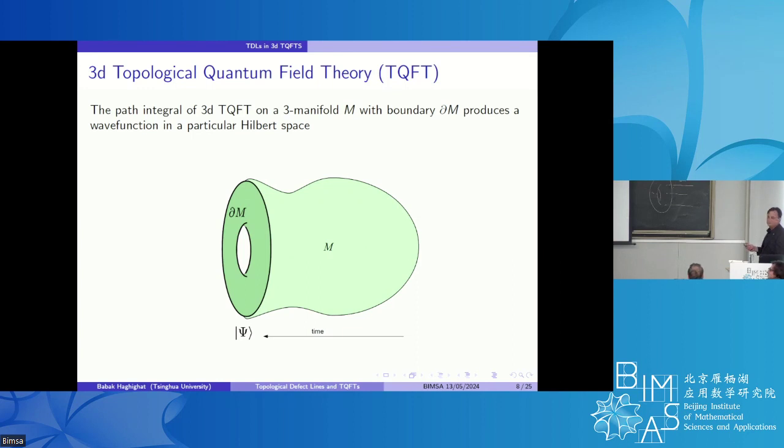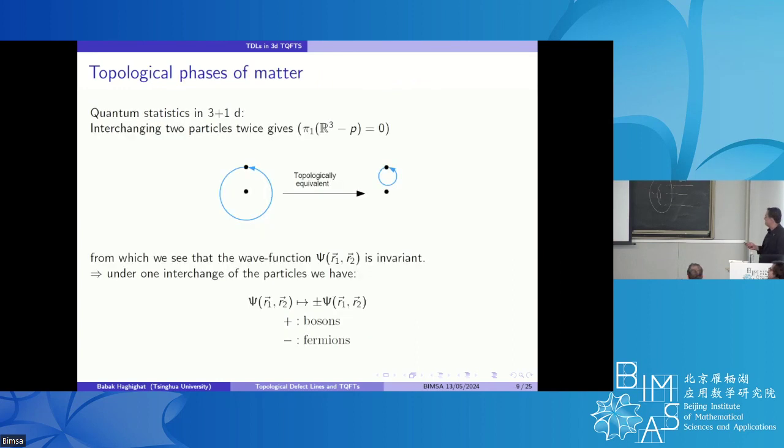Now several crucial things happen, and I want to explain this by first recapping the situation in 3+1 dimensions. So in our normal world, where we have three spatial dimensions and one time dimension, we can have two fundamental particles like electrons or whatever. And now you take one and rotate it along the other. This will give rise to an action on your two-particle wave function.